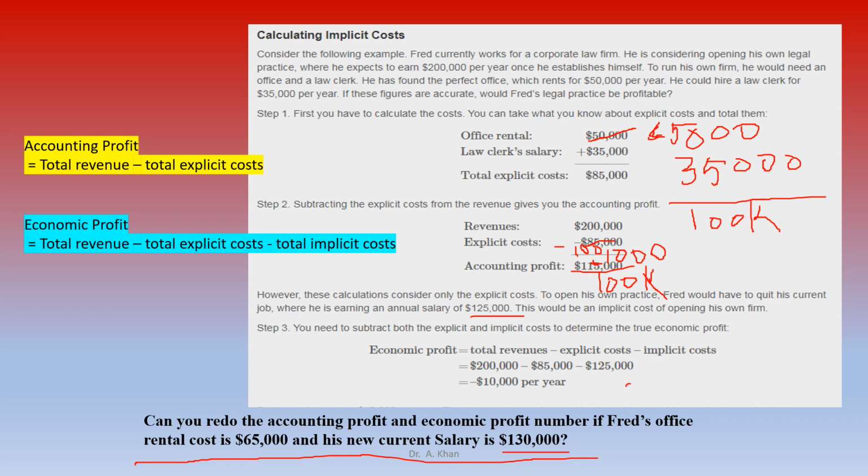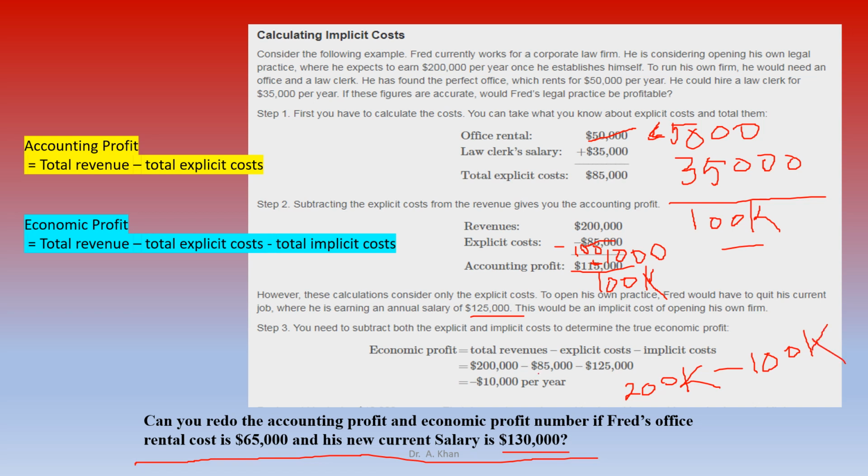So from 200K, now you have to subtract not only the explicit cost of 100K, but also the new implicit cost of 130K, right?